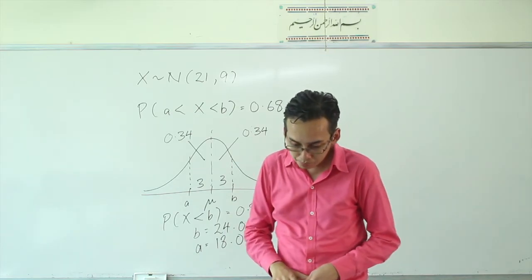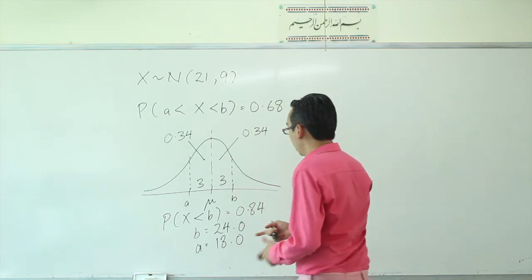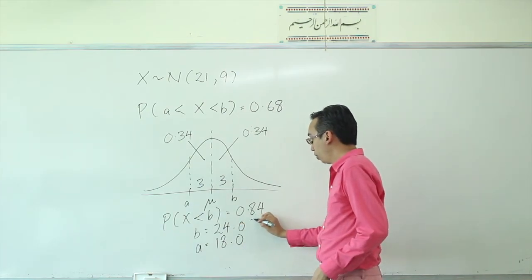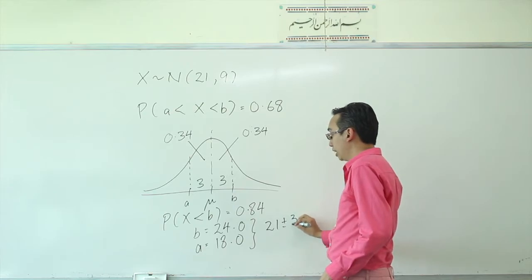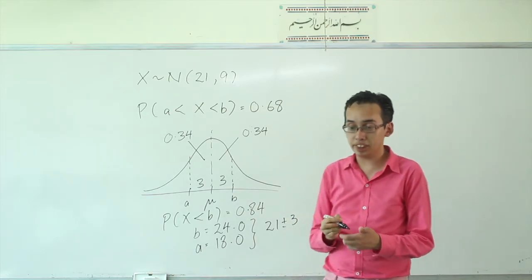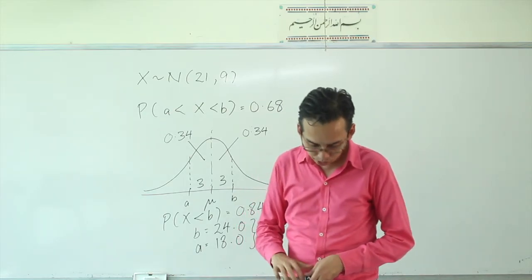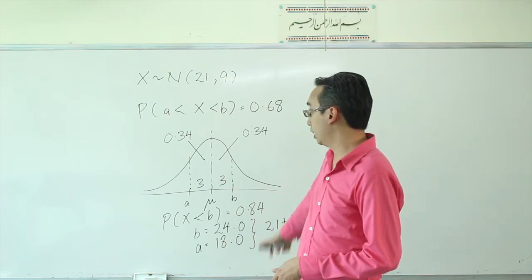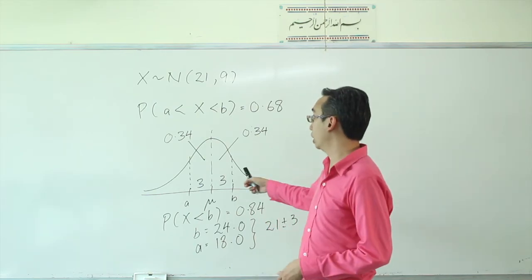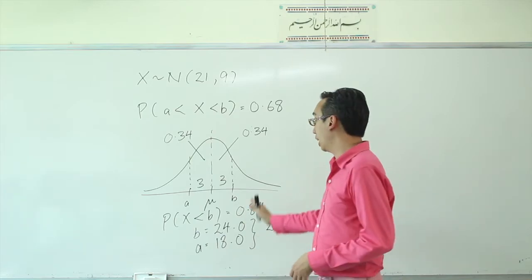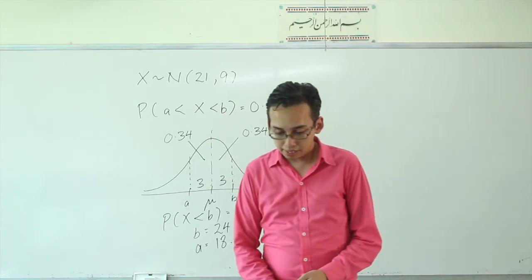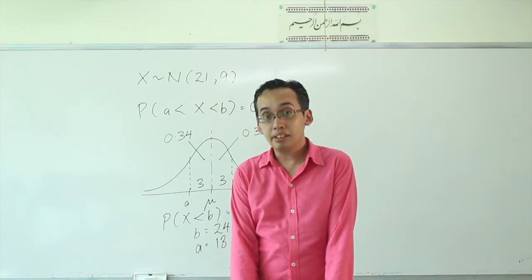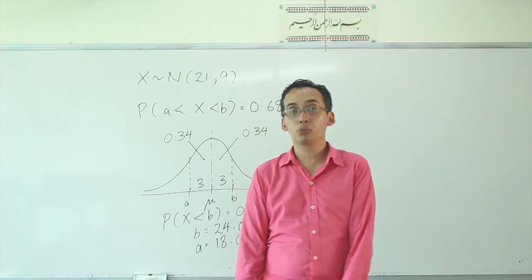That means these two values fall within the range of 21 plus or minus 3, or plus or minus 1 standard deviation. Therefore this supports that 68% of the population lies within one standard deviation. So we are done with example 11. We'll continue with example 12.